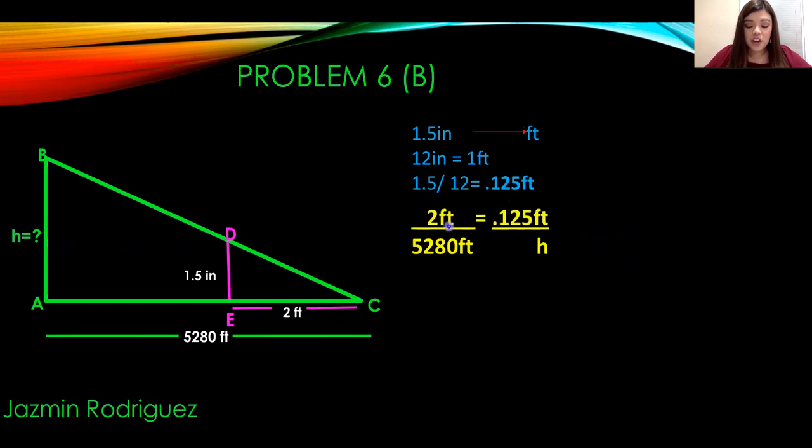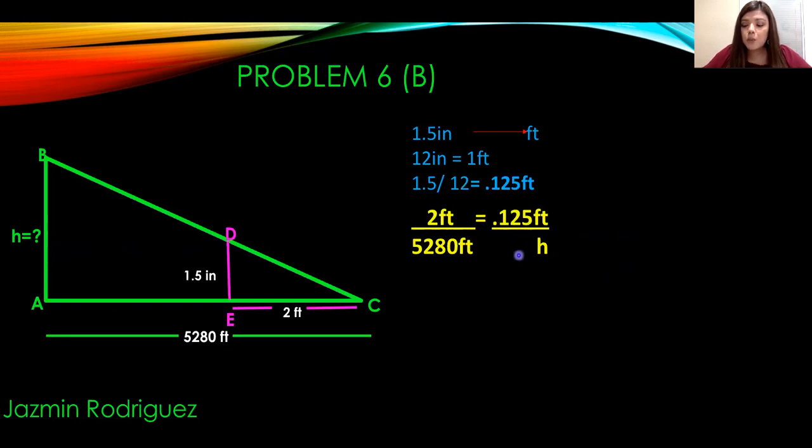All right, and so now what we're gonna do is go ahead and set up a proportion. So we are given that 1 mile is equal to 5,280 feet. So the first thing that we have to do here is set up our 2 feet over the 5,280 feet and set it equal to 0.125 feet over the height that we want to know.